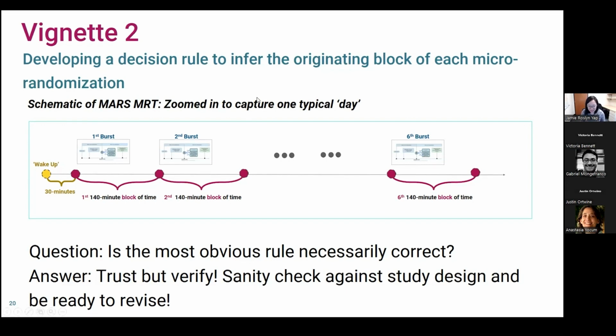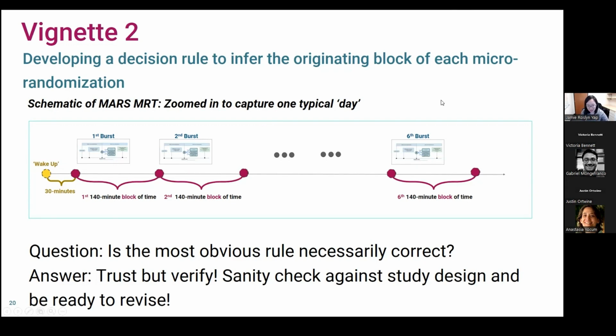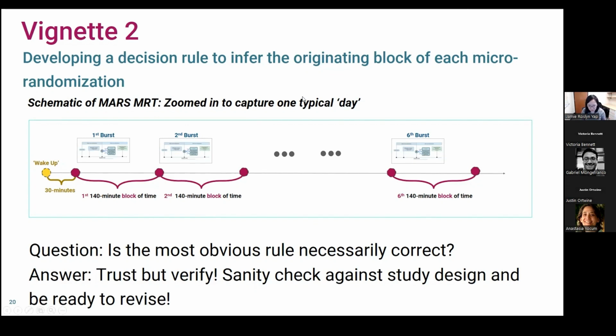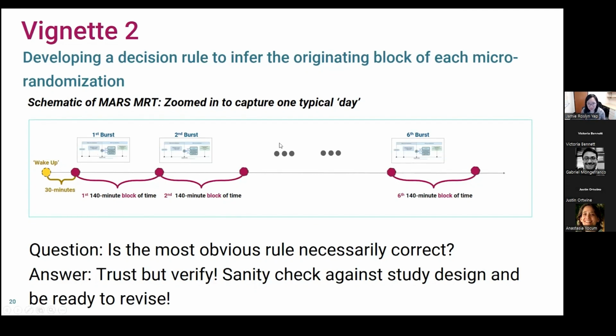Okay, and the reason that I say that is one of the quirks that we've observed in this study was that, okay, remember, each day can be as long as 14 hours.